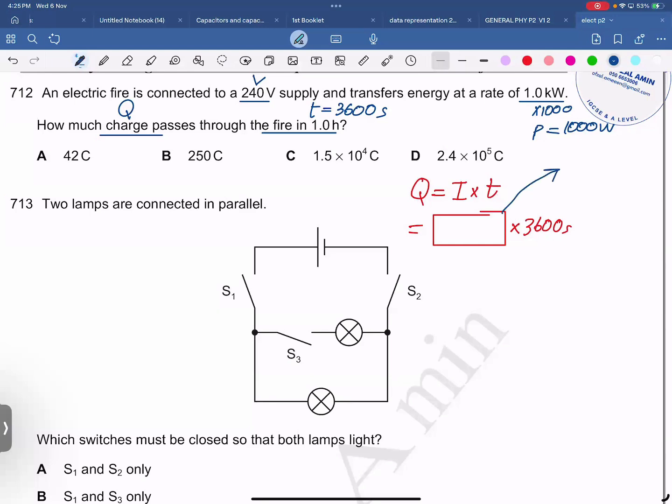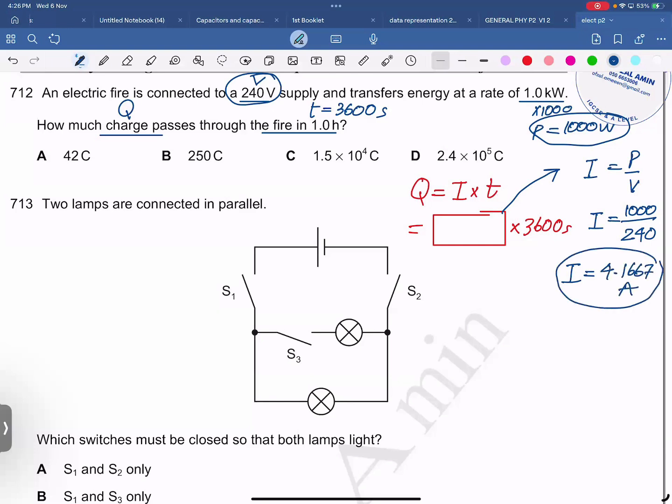I will use power and voltage to find current. There is a formula: I equals P over V. Power is 1000, voltage is 240, so current is 4.1667 amperes.